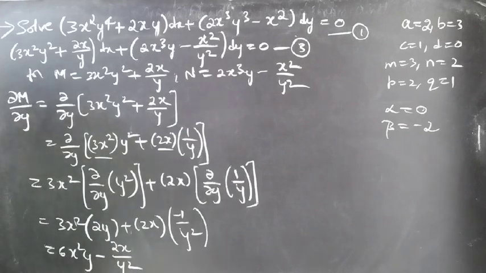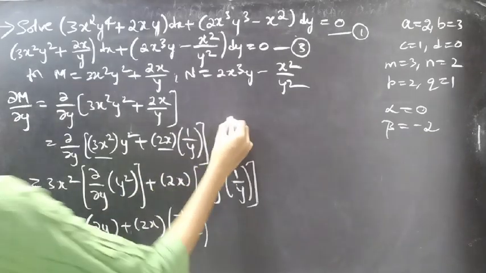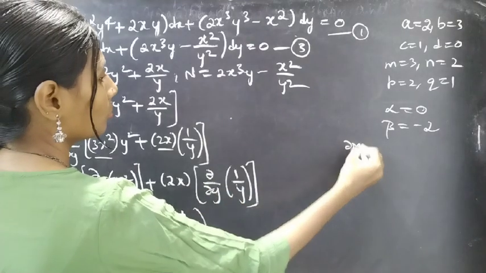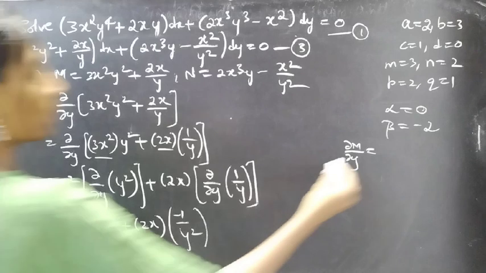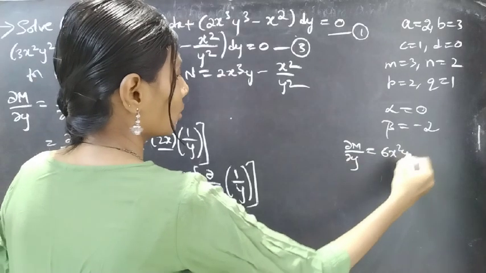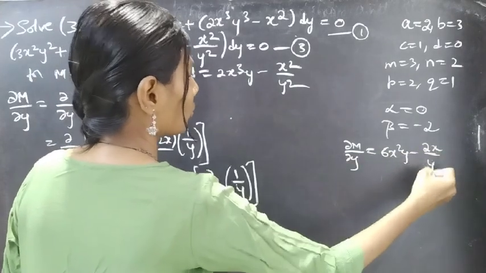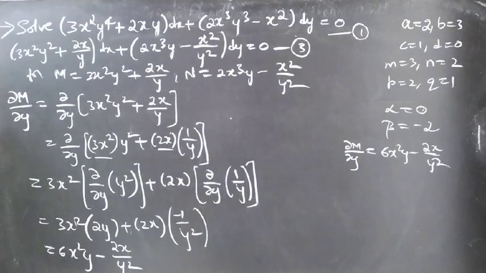Okay, therefore partial derivative of M with respect to y is 6x square y minus 2x by y square. Now let's find partial derivative of N with respect to x.